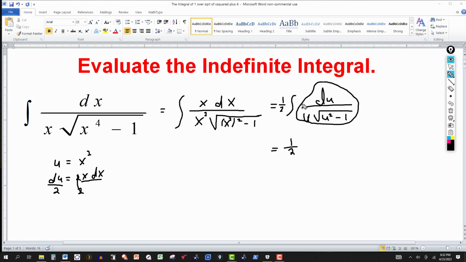So the evaluation of this integral is going to be secant inverse, or we can write it as arcsecant, of the absolute value of u. But u is x squared, which is never negative, so I don't need the absolute value there.